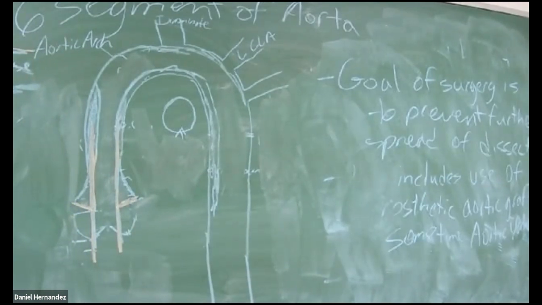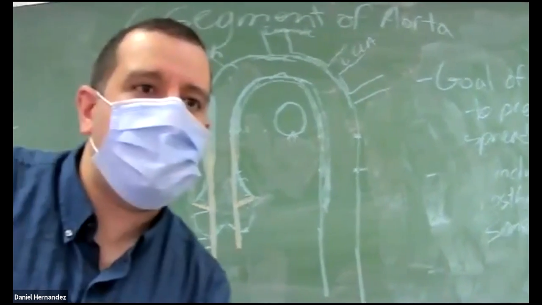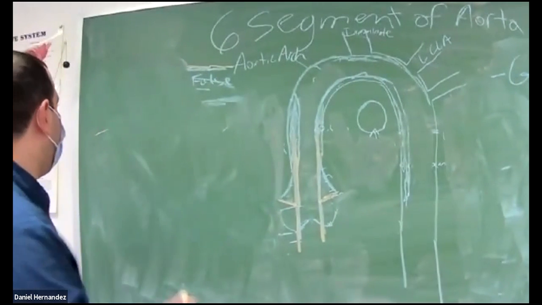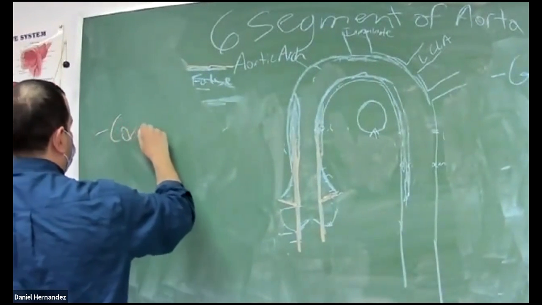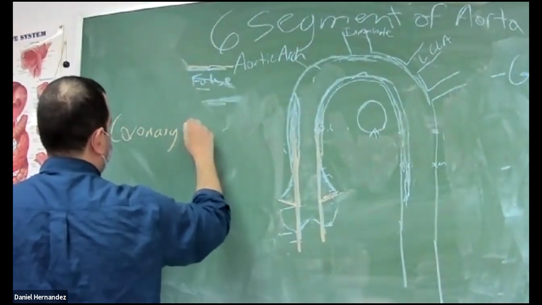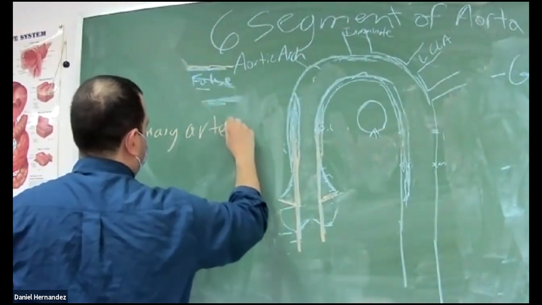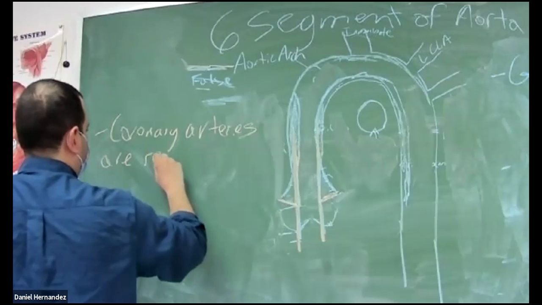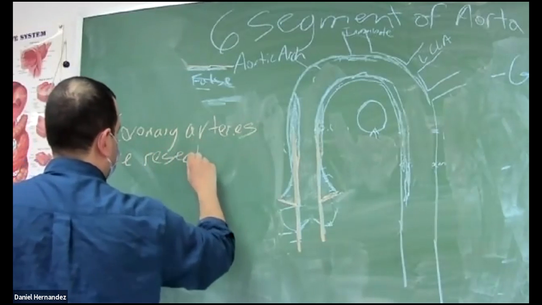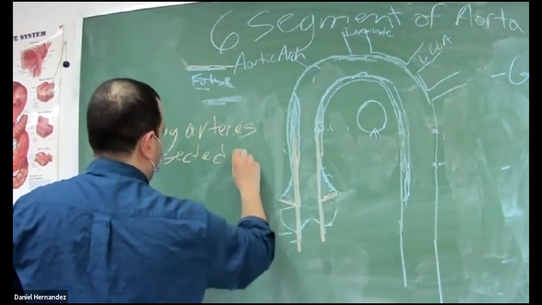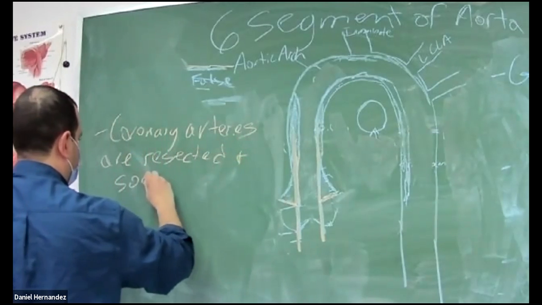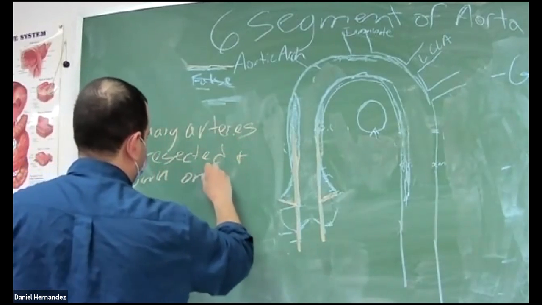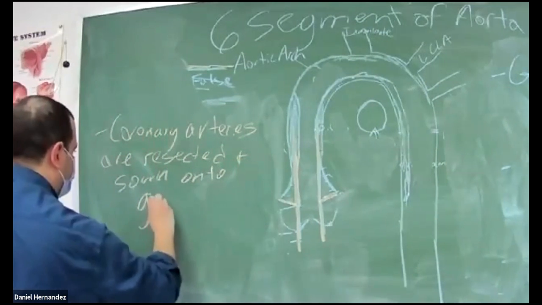So over here, coronary arteries are resected and sewn onto graft.